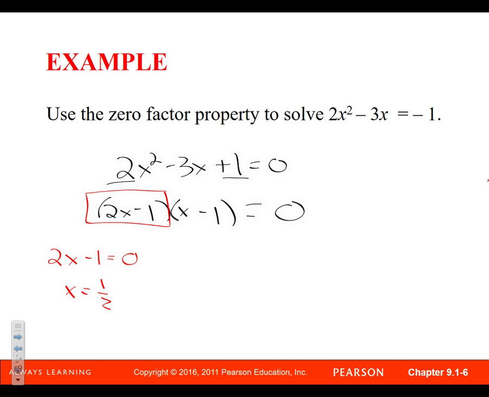Correct? And then we ask the other question, when would x minus 1 equal 0? Well, that happens when x has a value of 1. That means that in this quadratic equation, x has to have the value of 1/2 or 1.